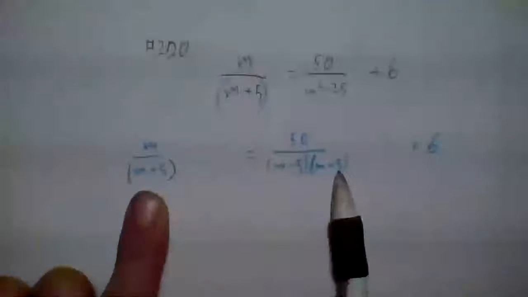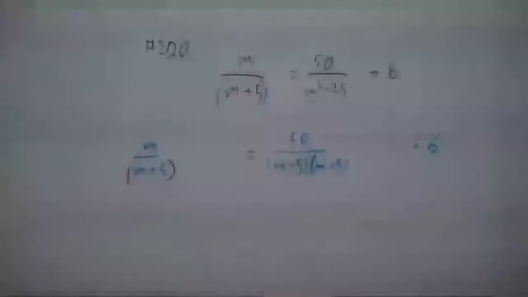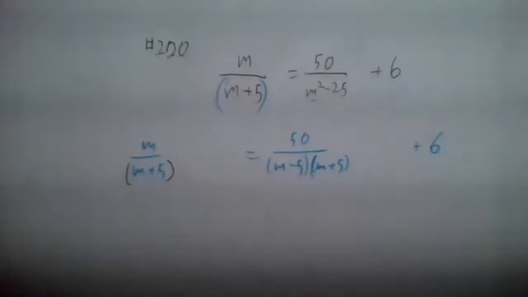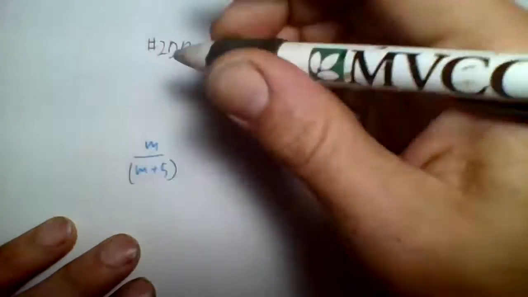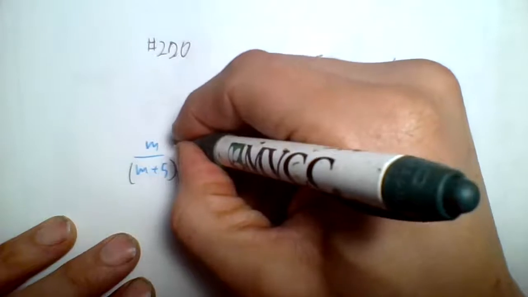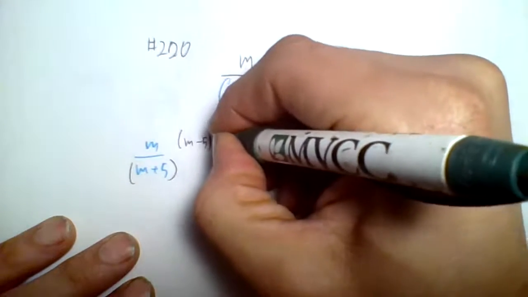I'm going to try to get that readable. m minus 5 and m plus 5 are the only factors that show up in that denominator. So I'm going to multiply by m minus 5, m plus 5. That is my common multiple I'm using. So write it next to everything.